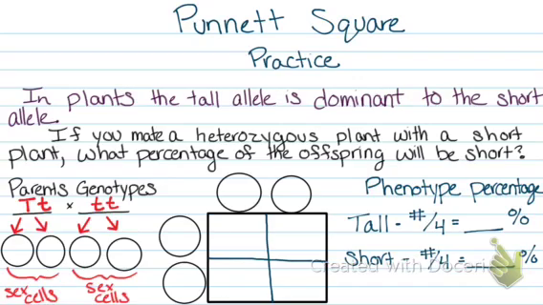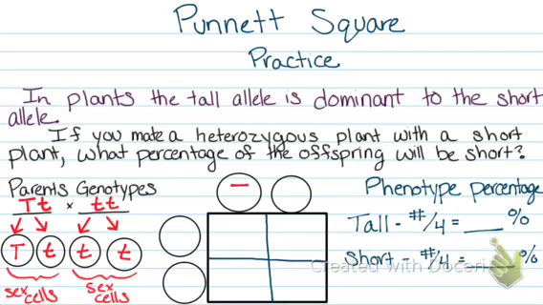So for the first parent sex cell, the first parent can either give the capital T to the offspring or the lowercase t. The second parent would give the lowercase t on the left into a sex cell, and the lowercase t on the right would go into a separate sex cell.